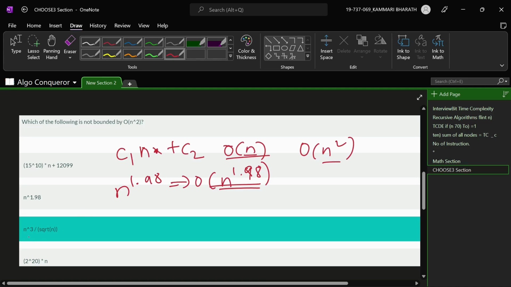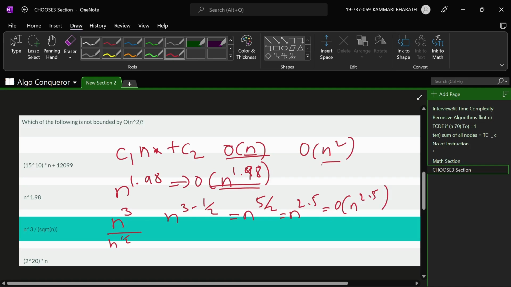And let's take a look at the third one. This is n power 3 by n power 1 by 2, which is n power 3 minus 1 by 2. 3 twos are 6, minus 1. This is n power 5 by 2, which is equal to n power 2.5. This is O of n power 2.5.